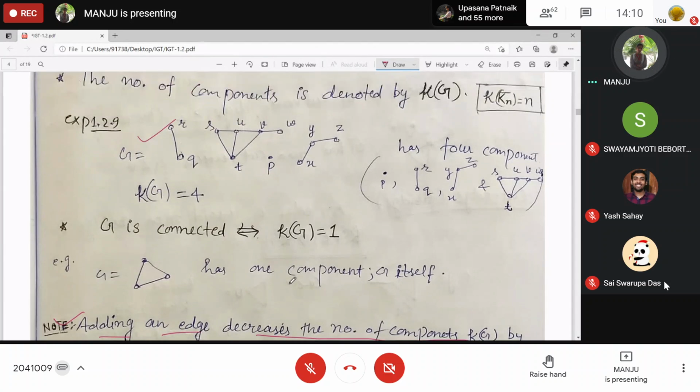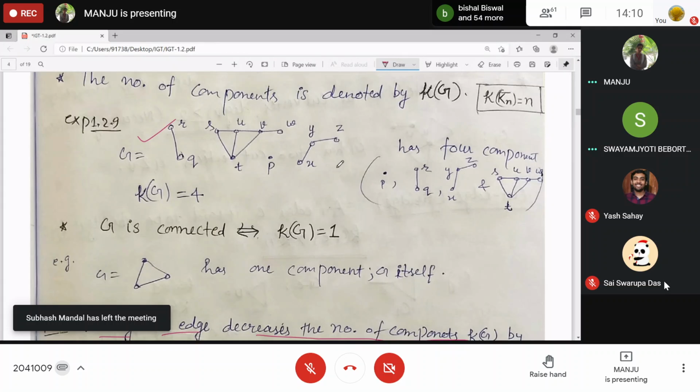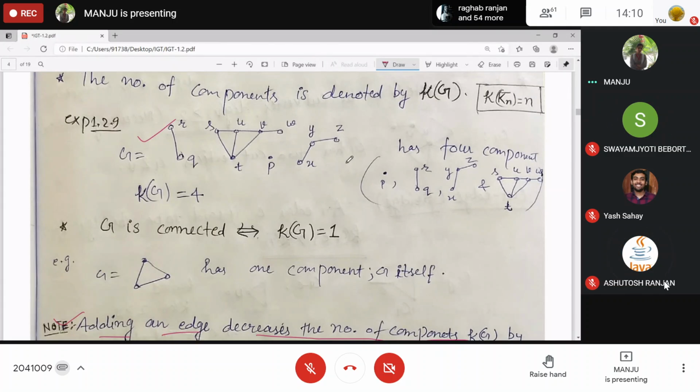Now, if I delete some edge, what will happen? It remains the same or increases by 1. When does it remain the same? When the edge is removed within the same subgraph, from the second graph.